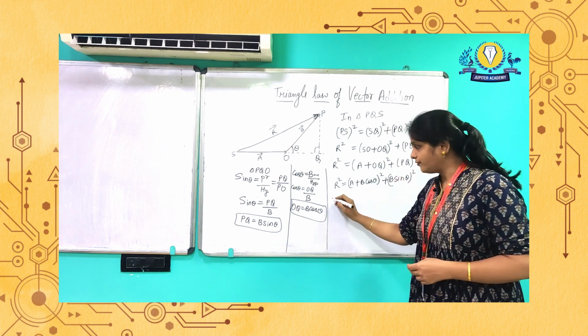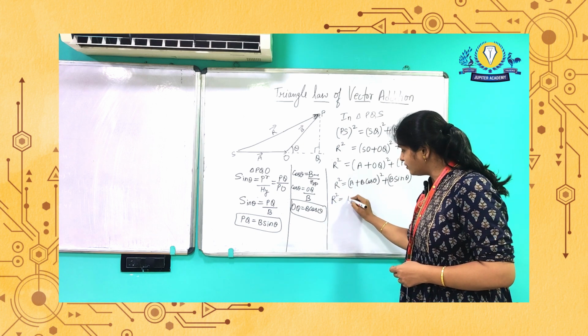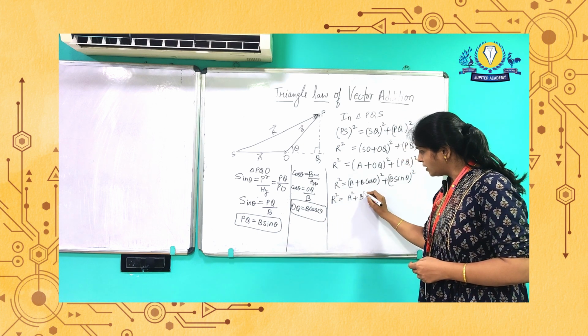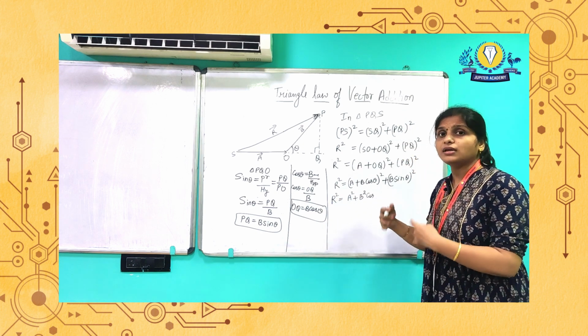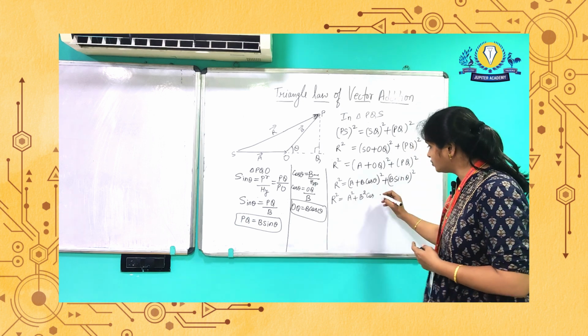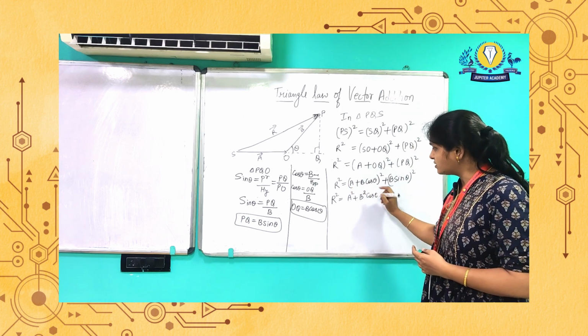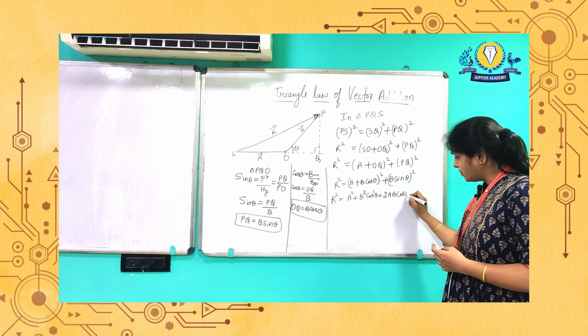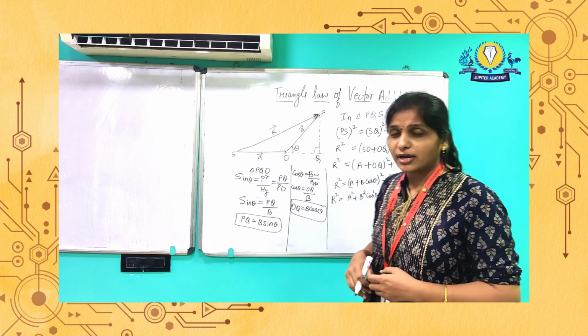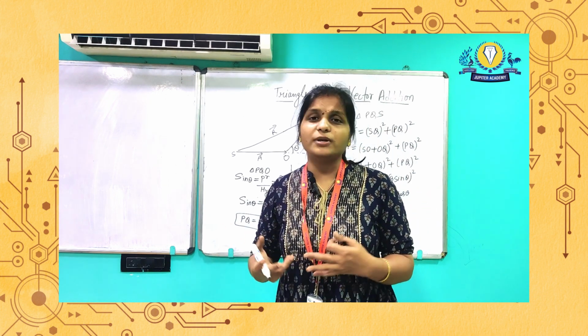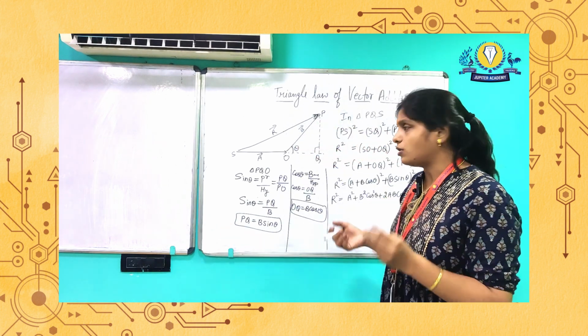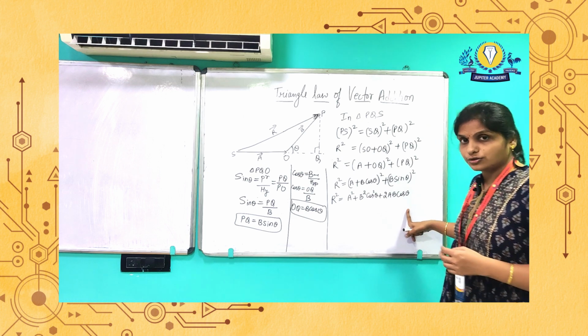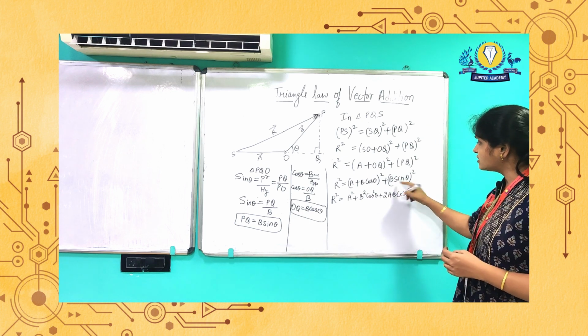Open this bracket first. You can pause your video and you can solve also. It will be the (a plus b) whole square formula, you should know. A square plus b square plus 2ab. Okay, what is the formula for (a plus b) whole square? A square plus b square plus 2ab, right? Here one cos is extra, so adjust that also, don't forget. What is the square of this?